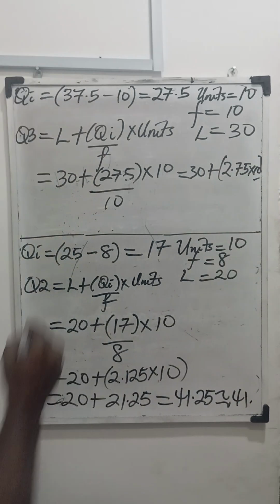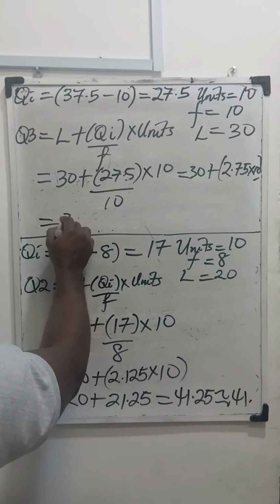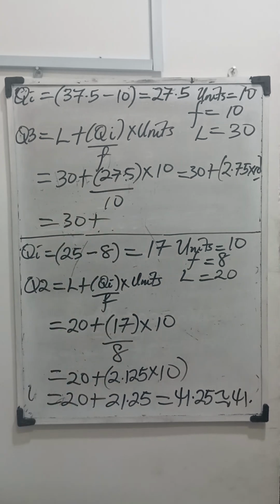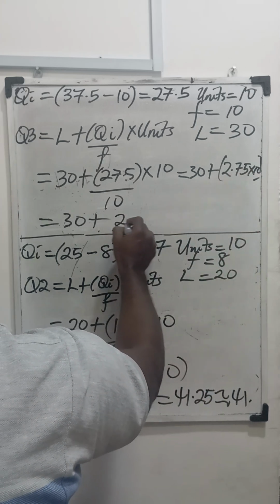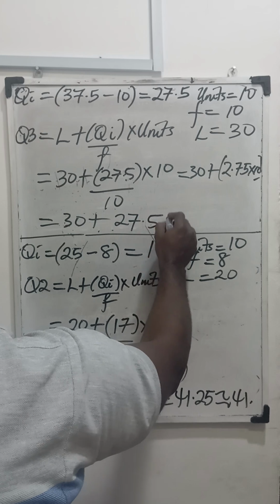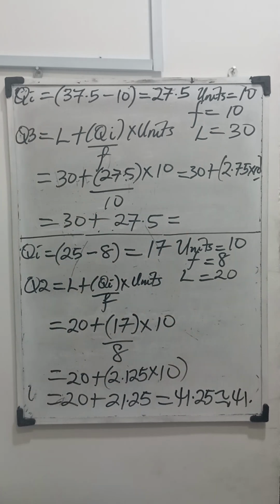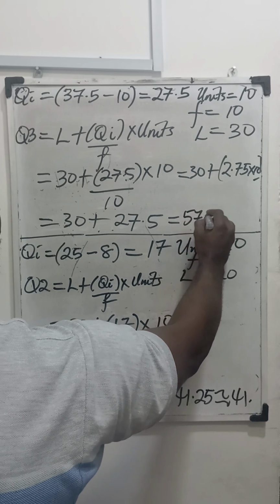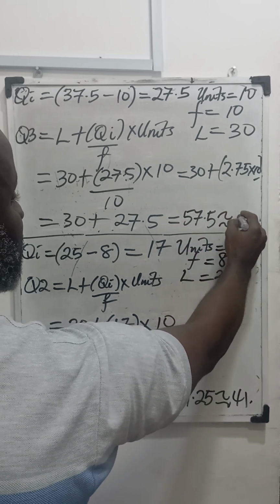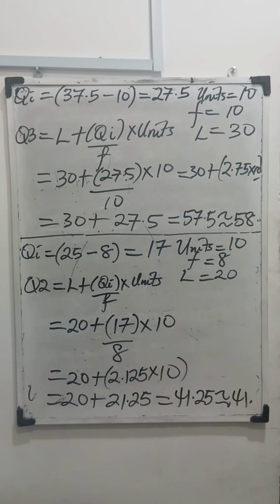So if you multiply 2.75 times 10 again, you go back to 27.5. If you add 27.5 to 30, what you have is 57.5, which is approximately 58. So you have 58 units. That's all we have for that.